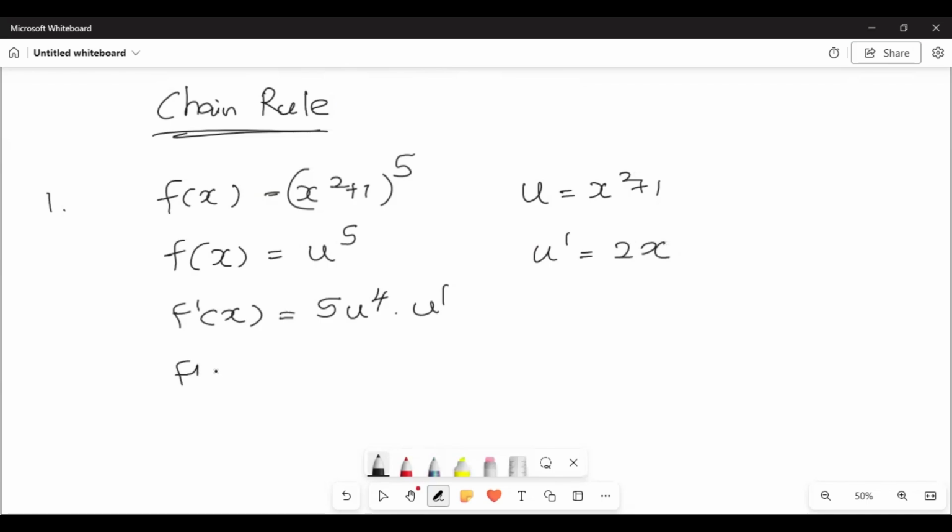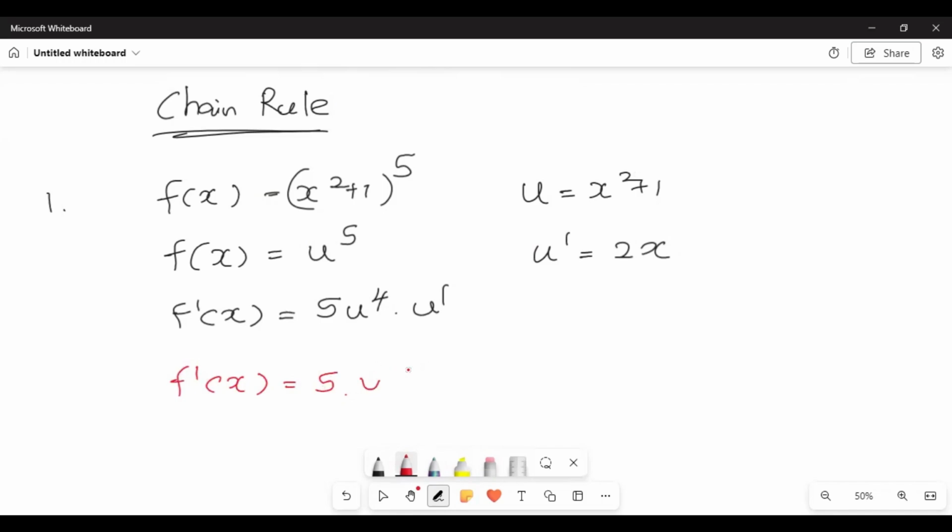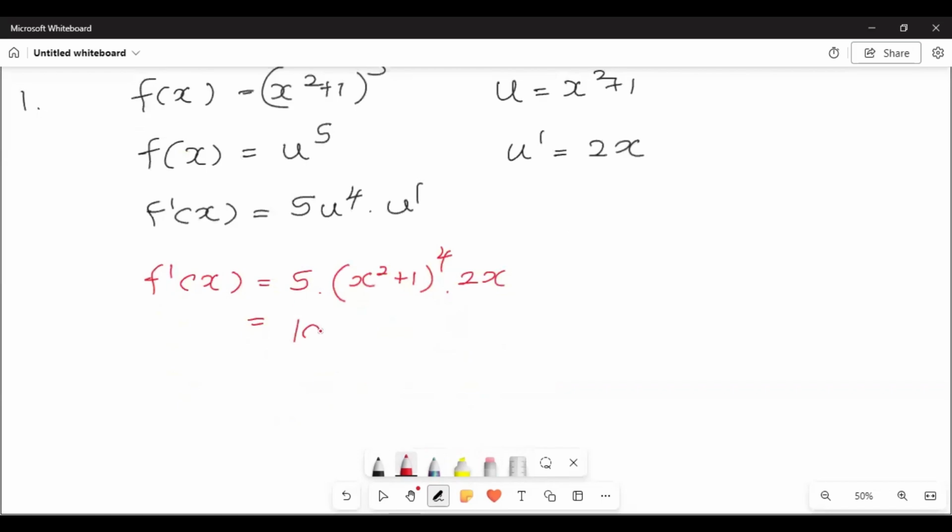So we can write the answer like this: f'(x) equals 5 times u, meaning (x to the power of 2 plus 1) to the power of 4. u' is 2x, and the final answer is 10x times (x to the power of 2 plus 1) to the power of 4.